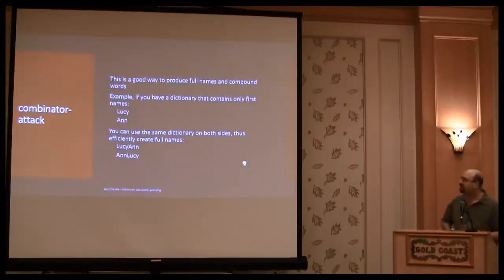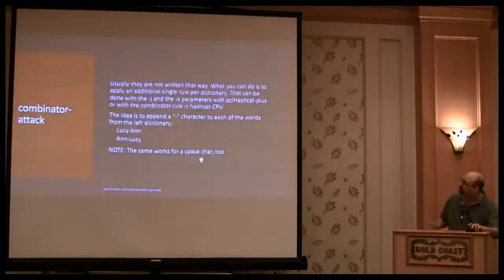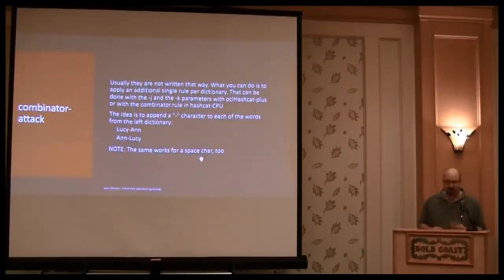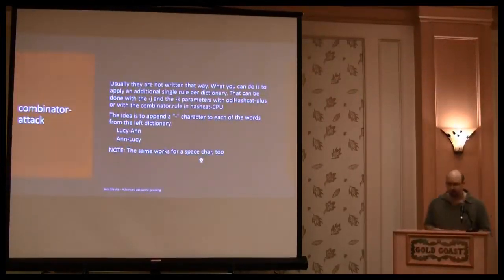So here's an example of that. You have a dictionary which contains Lucy and M, and if you run this dictionary on both sides of Hashcat in the combinator mode, you produce both variants. You can improve the candidates by using rules that are applied before the combination is done.